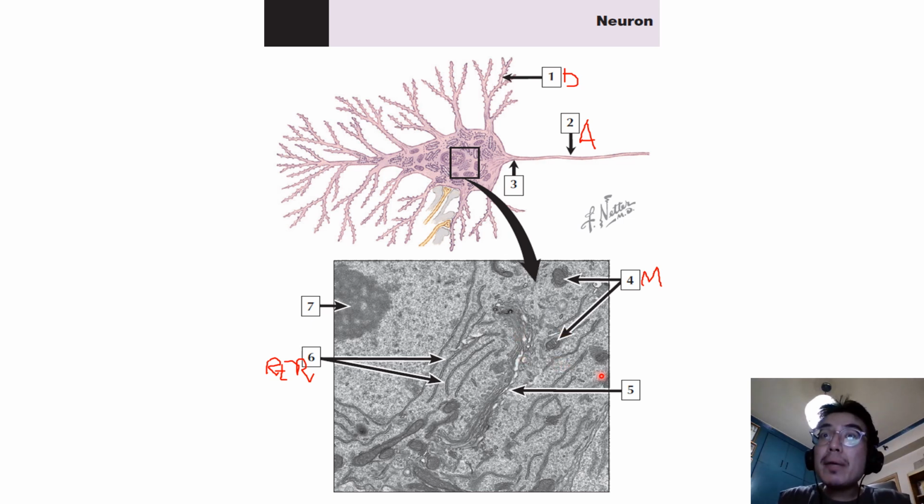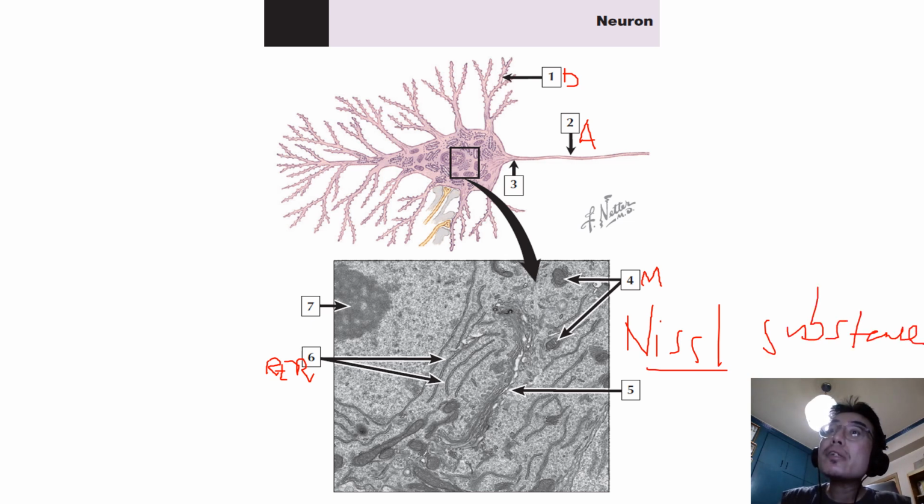These cisternae collectively correspond to a substance called the Nissl substance, which is a basophilic aggregate seen only in light micrographs. The Nissl substance is the collection of rough endoplasmic reticulum, which is basophilic and seen in light micrographs. The major function of these free ribosomes and the ribosomes attached to RER is protein synthesis for internal use, as well as for export.